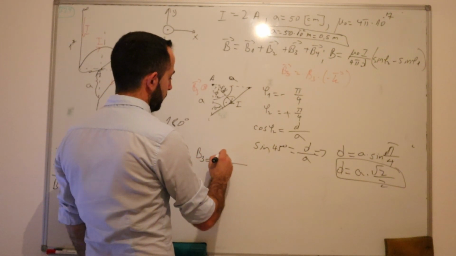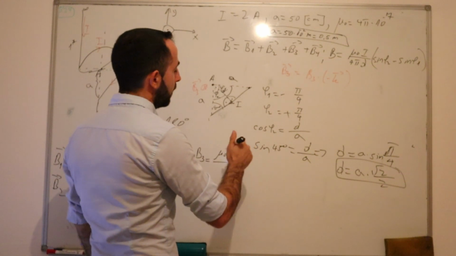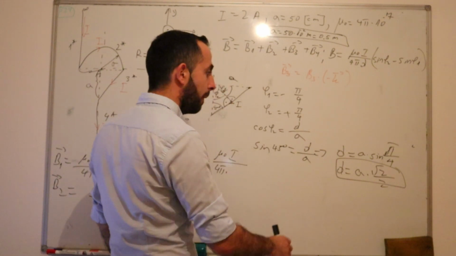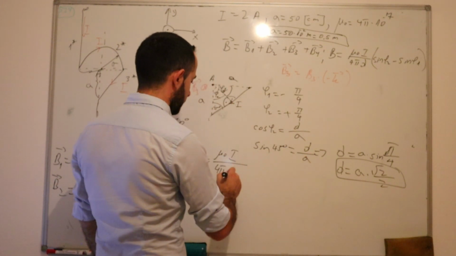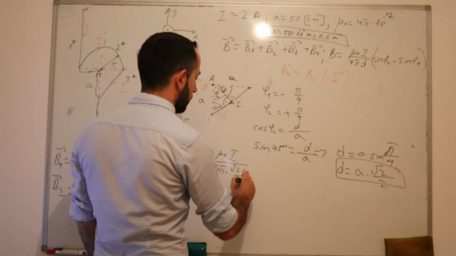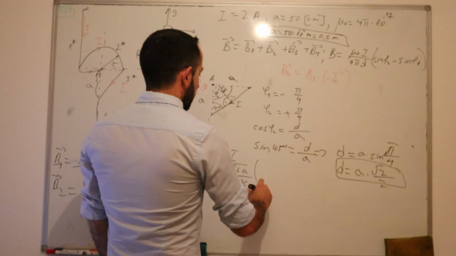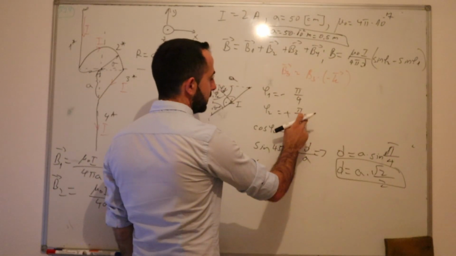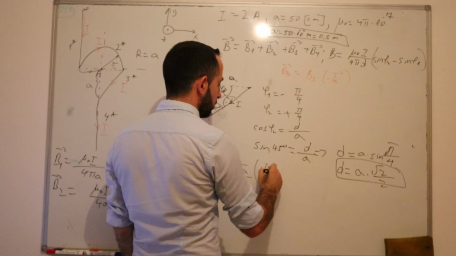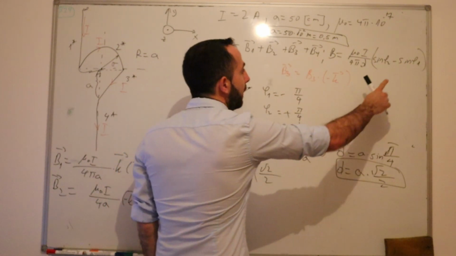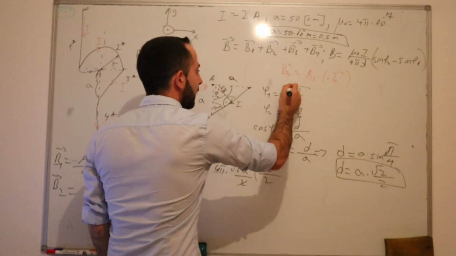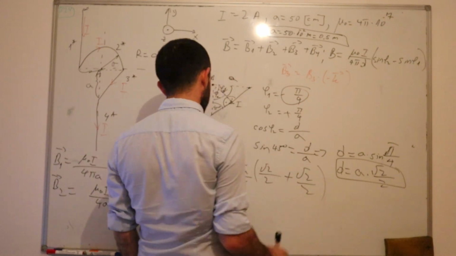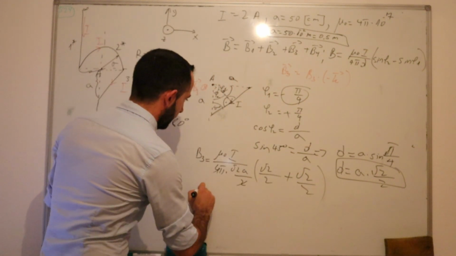B3 equals mu0 I over 4 pi times D, which is square root of 2 A over 2, times sine of phi2, which is sine of 45 degrees, minus sine of a negative angle, which is minus sine, and this sine will be plus. We have already passed all of this.